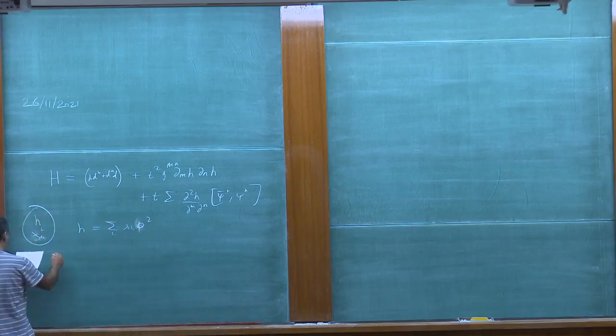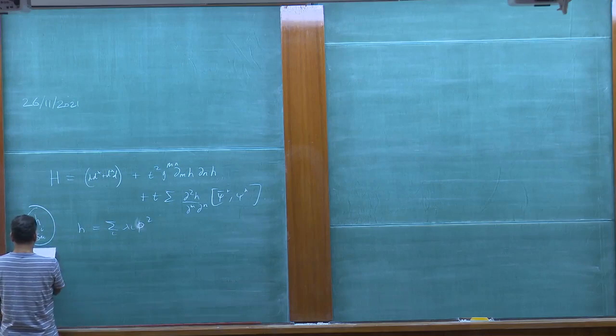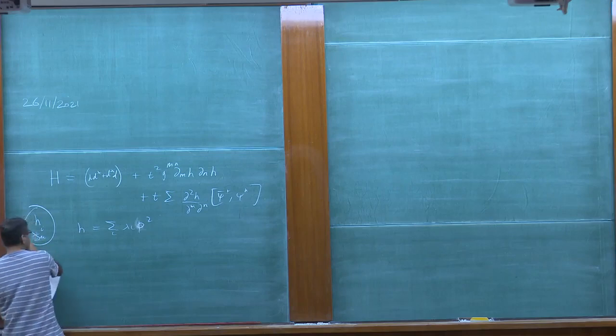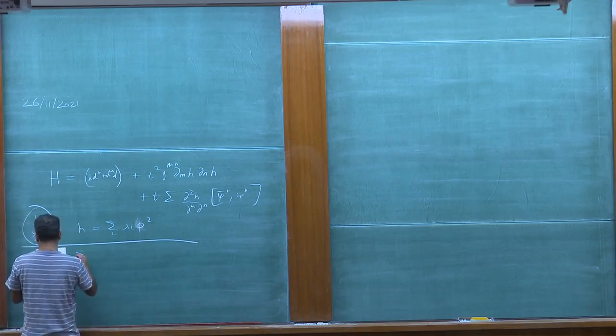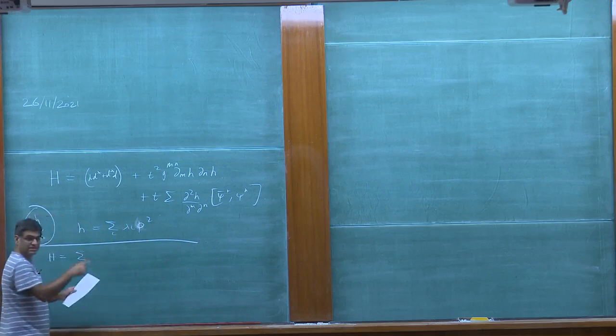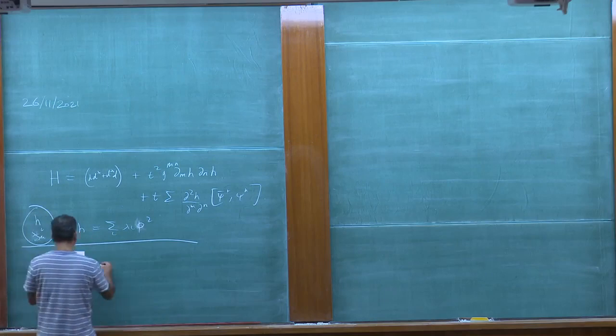So in these coordinates, our Lagrangian, Witten tells us, becomes H equal to the sum over all the various extrema.